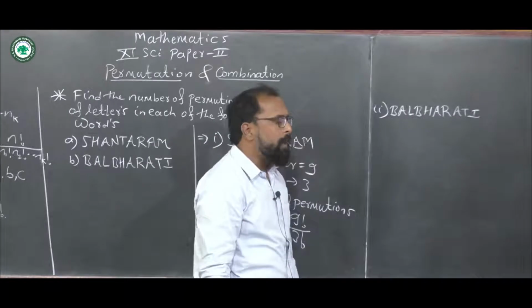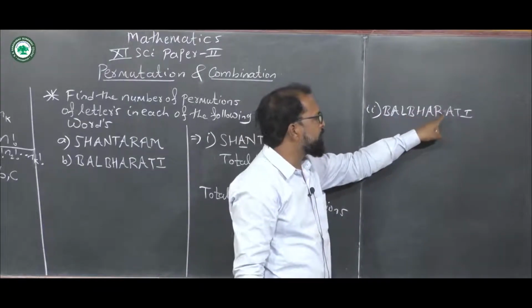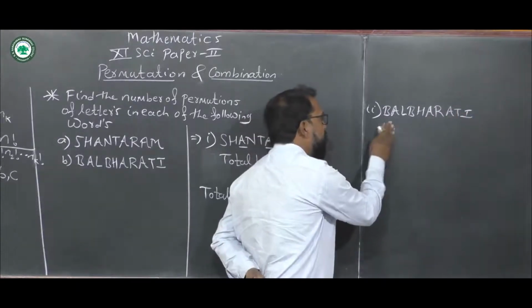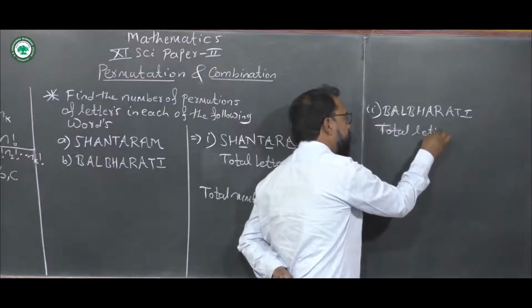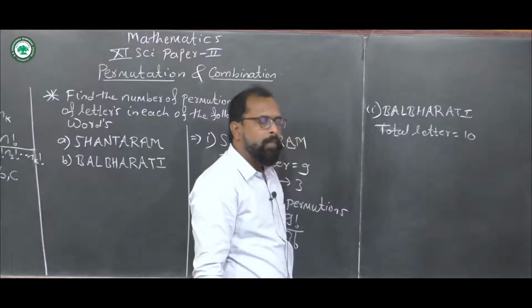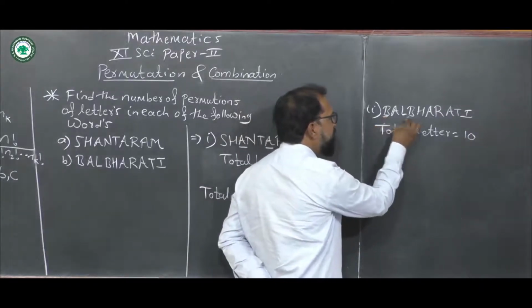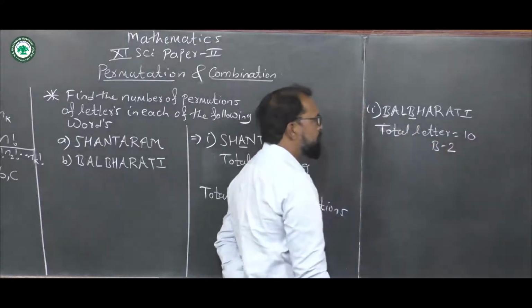Now if we consider the second word, Bal Bharti. In this word Bal Bharti, 1, 2, 3, 4, 5, 6, 7, 8, 9 and 10, there are 10 letters. Now in these 10 letters, B repeats 2 times.